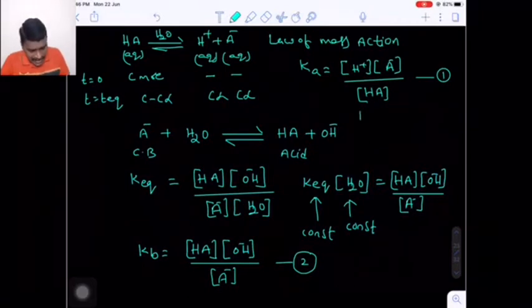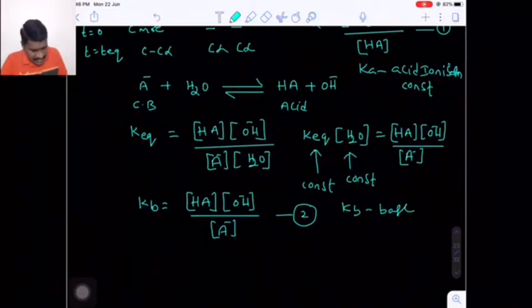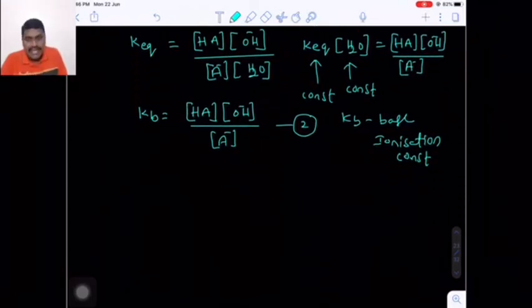Here Ka is called acid ionization constant. Kb is called base ionization or dissociation constant. Okay. Now what I am doing here, I am multiplying equation 1 with equation 2. What is the equation 1 left side?